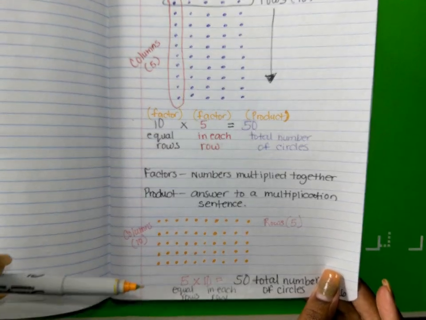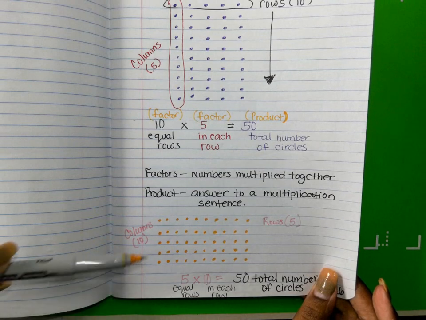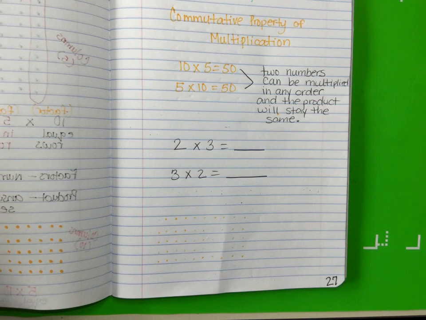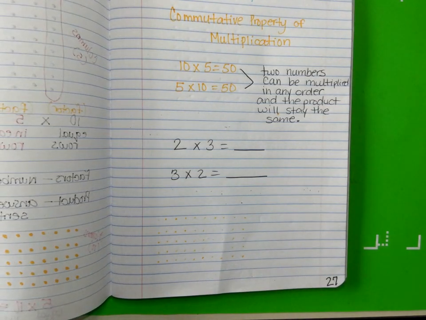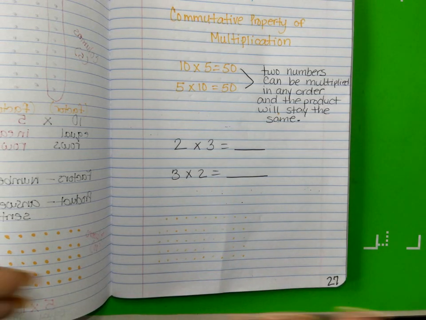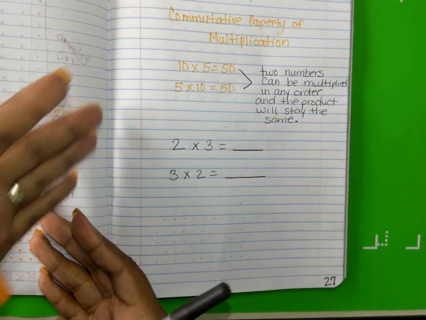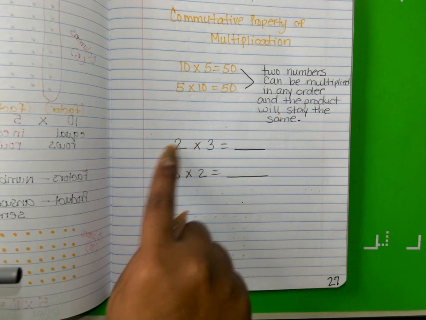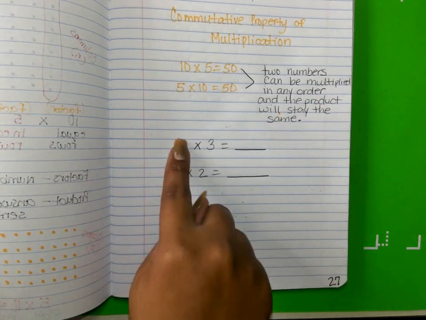Then draw an array with 3 rows, and there should be 2 in each row. Then you can see the difference in how the array looks. Even though the arrays look different, almost the opposite of each other, the total still stays the same. That's what we're going to get into with the commutative property of multiplication tomorrow. So just fill out your arrays for both of these.